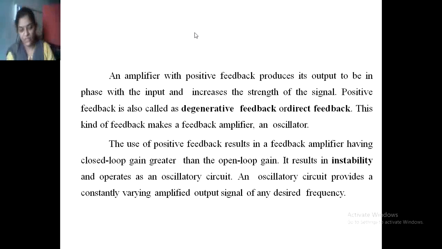This kind of feedback makes the feedback amplifier an oscillator.